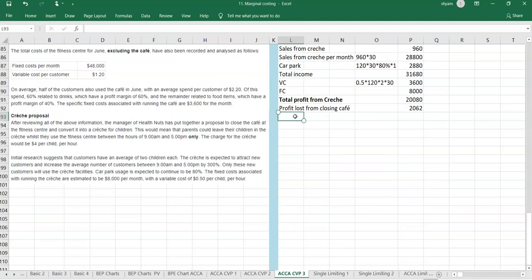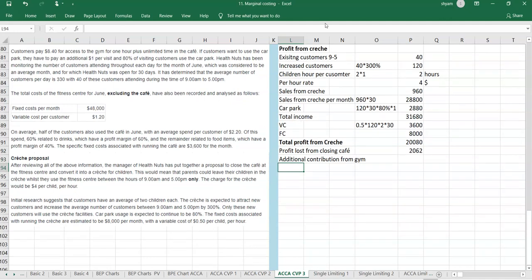We'll also get the additional contribution from gym. So we can see that the total number of customers here is 120.